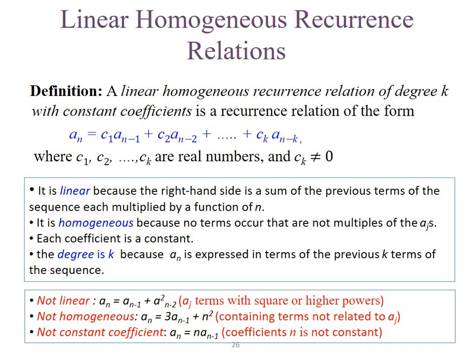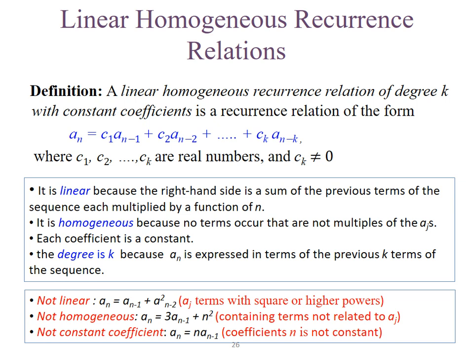Linear means a linear combination of a_{n-1}, a_{n-2} and so on, where the power of these terms is 1. We don't have a_{n-1} to the power of 2 or 3. If we have a power more than 1, then that will not be a linear homogeneous recurrence relation.